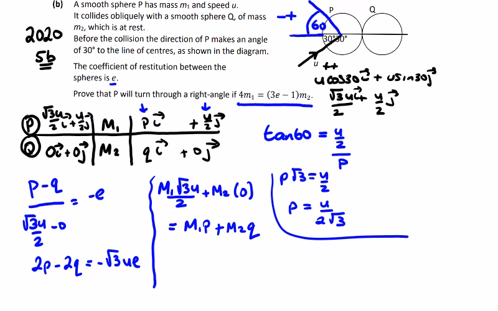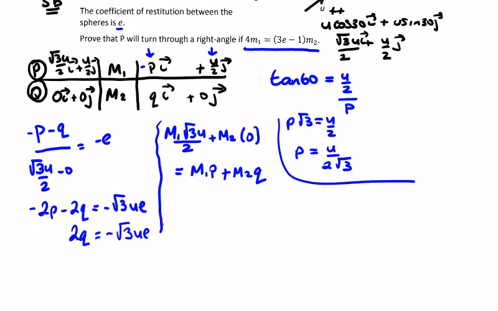And I'm just thinking here, I should have a minus P here, which would be a minus 2P here. So I can get 2Q is equal to minus root 3 Ue plus 2P, and that will be a minus, so that's going to give plus 2P and minus 2P.